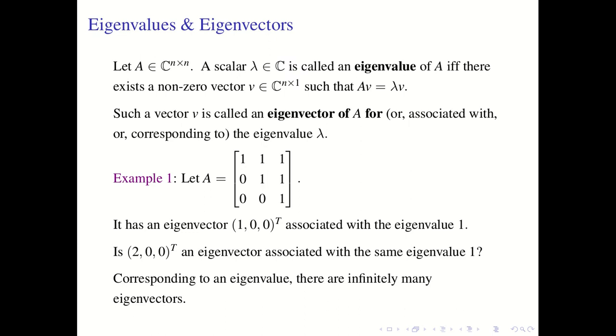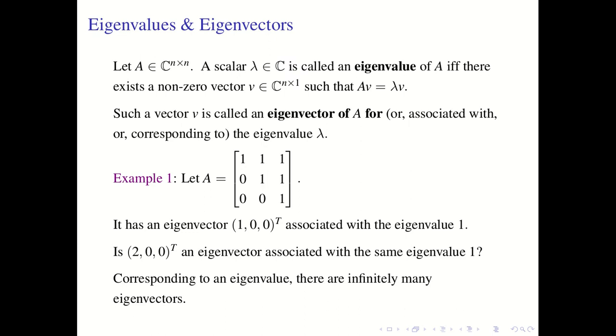Let's look at one simple example. Take the matrix with rows 1 1 1, 0 1 1, 0 0 1. Then this has an eigenvector 1 0 0. So look at A multiplied with 1 0 0. What you get is 1 0 0.